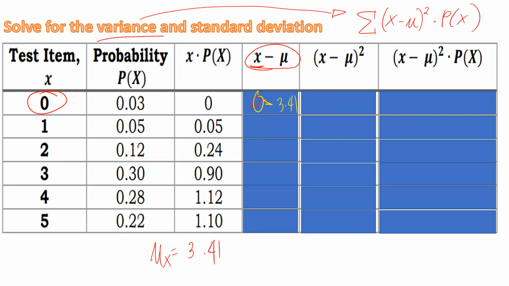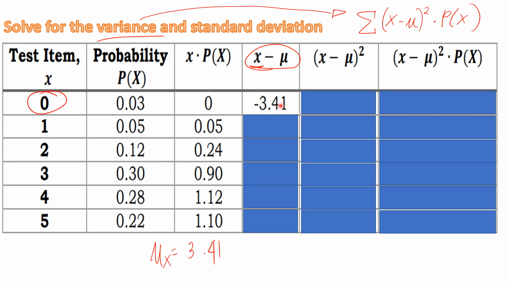And obviously, 0 minus 3.41 will yield negative 3.41. After that, we are going to square this for the second column.